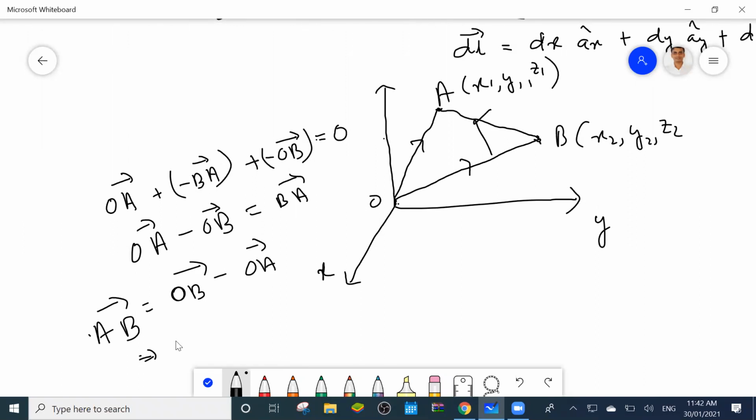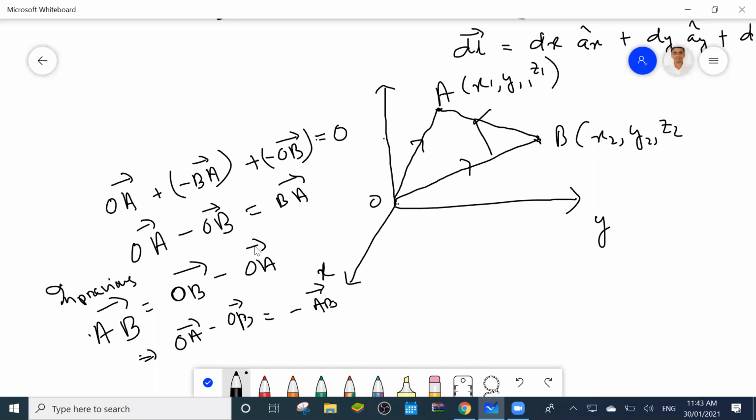So if I write this one, OA minus OB equal to what that becomes? Minus AB. This is in previous.